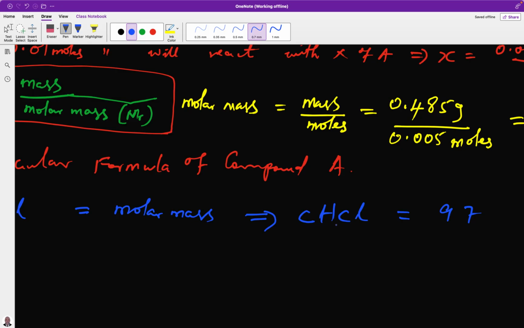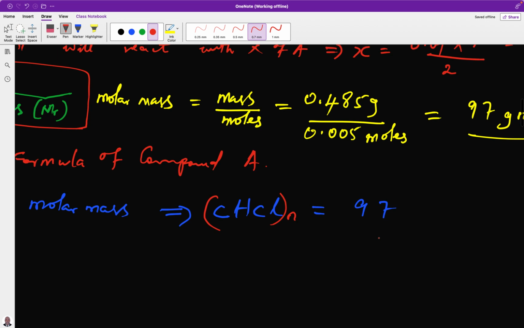But if we add the relative atomic mass of carbon, hydrogen, and chlorine, it cannot be up to this. Therefore, there is a certain number n. Let's solve for the value of n. The relative atomic mass of carbon is 12, plus 1 for hydrogen, that is 13.